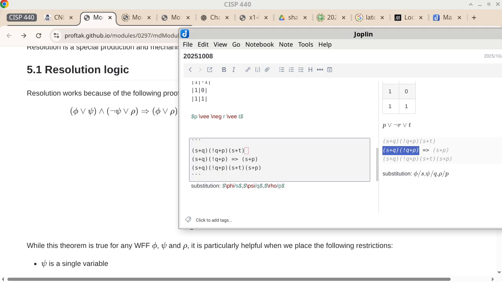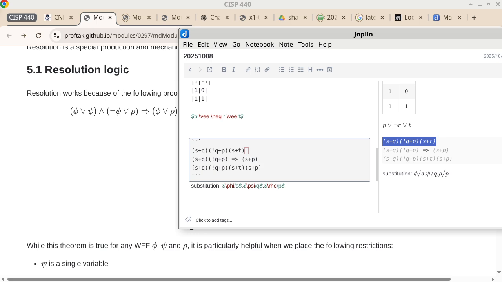Wait, no, this part really just literally. Okay, let me go back to the first one. Well, each piece is true. So in this case, if I tell you this part is true, I'm telling you that between S and Q, at least one of them has to be true.